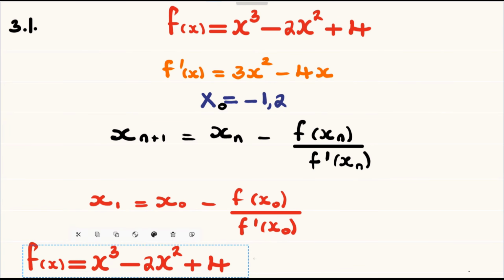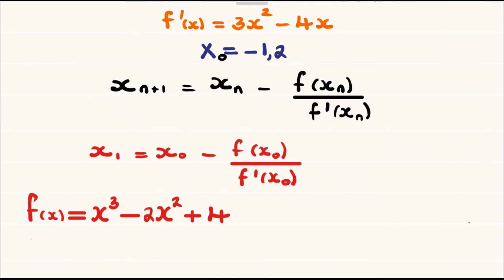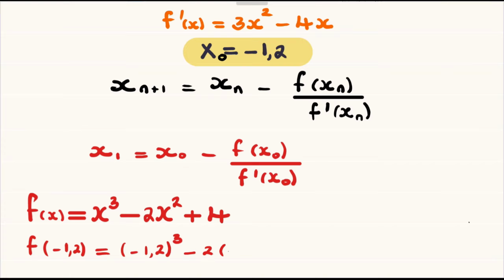So let's start in the original f of x equation. We have f of negative 1.2. The x0, that negative 1.2, is equal to negative 1.2 cubed minus 2 multiplied by negative 1.2 raised to the power 2 plus 4.